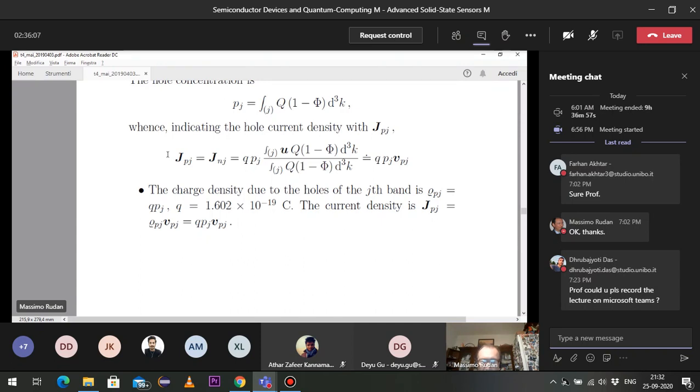Because these expressions are found one after the other by mathematical manipulation. The question is, why do we then prefer using the electrons in the conduction band, and we prefer using the holes in the valence band?